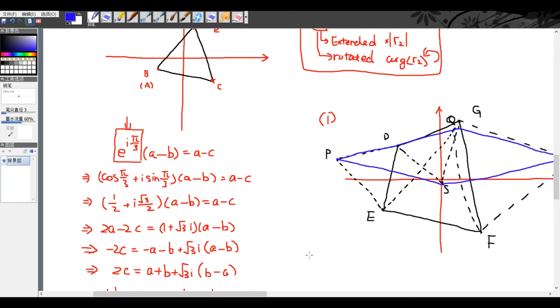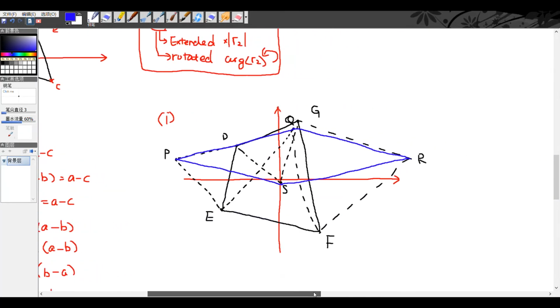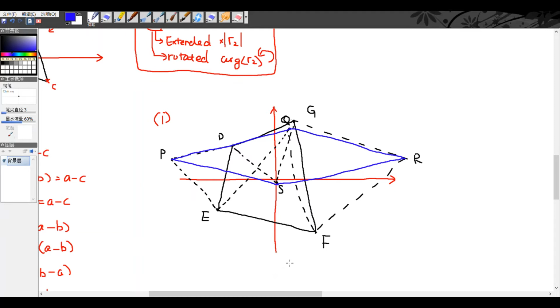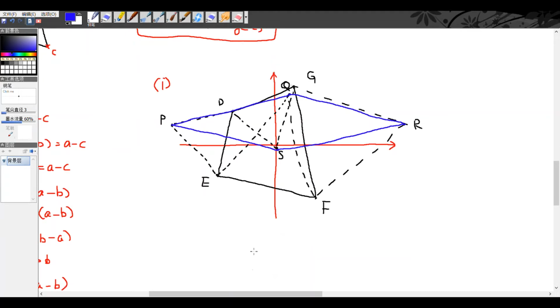So the criterion for judging whether a quadrilateral is a parallelogram is to prove whether PQ is parallel to SR, and simultaneously it has to satisfy QR is parallel to PS. So QR is parallel to PS and PQ is parallel to RS.